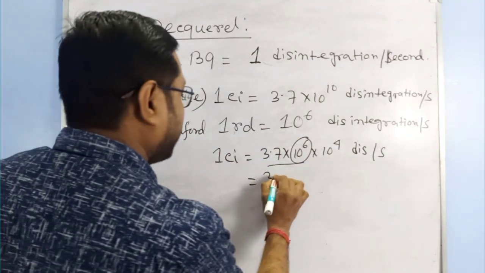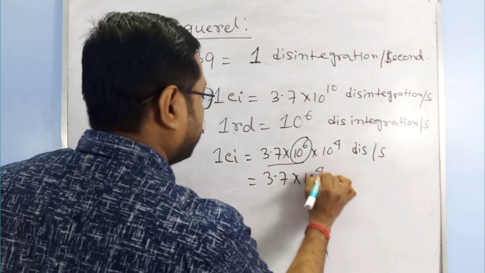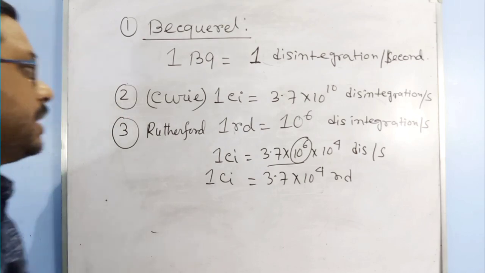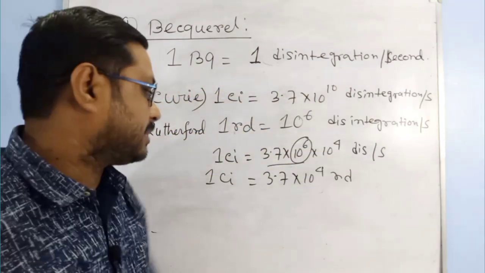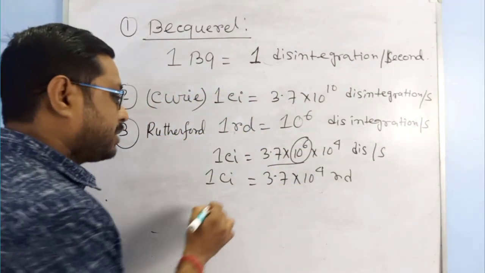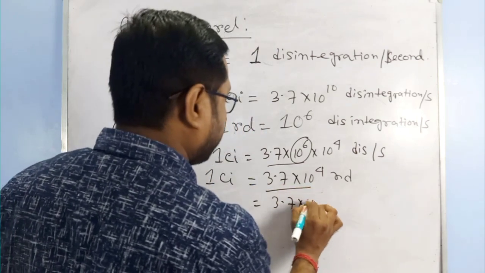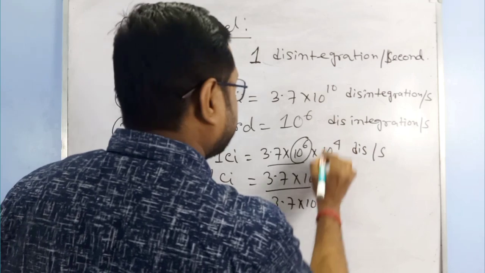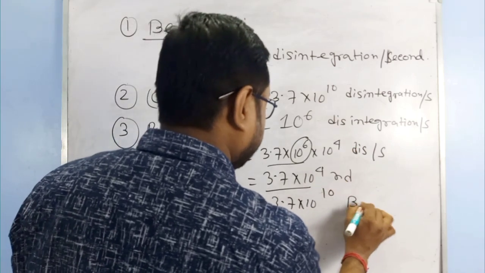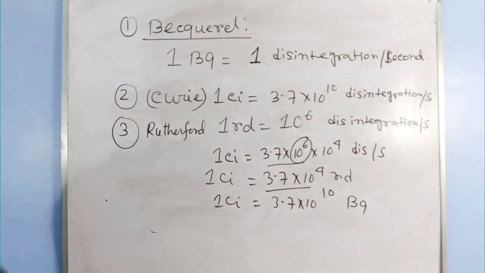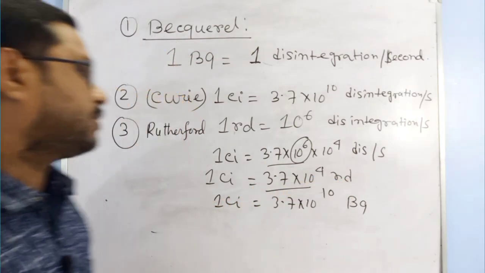Therefore 1 Curie equals 3.7 into 10 to the power 4 Rutherford. And 1 becquerel equals 1 disintegration per second, so 1 Curie equals 3.7 into 10 to the power 10 becquerel and 3.7 into 10 to the power 4 Rutherford.